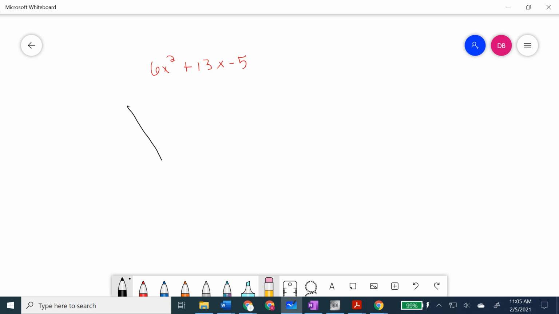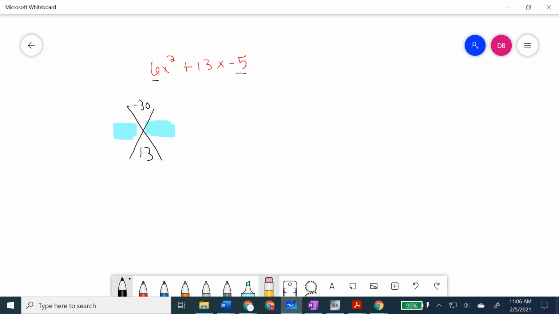I start off with the diamond, where I do A times C, so that's negative 30. And then the B number is 13. Now, the tough part is you really do have to just search through pairs of numbers until you find the right pair.